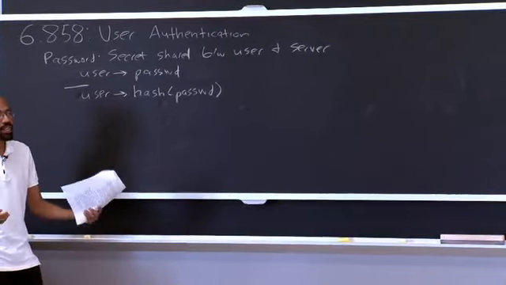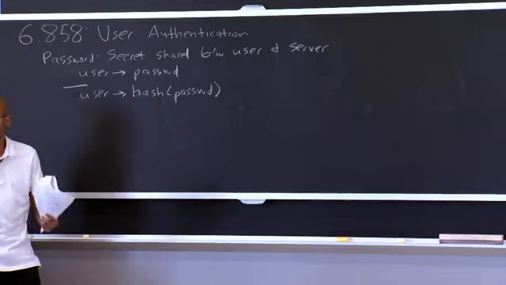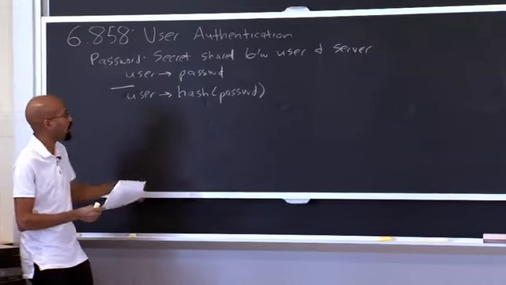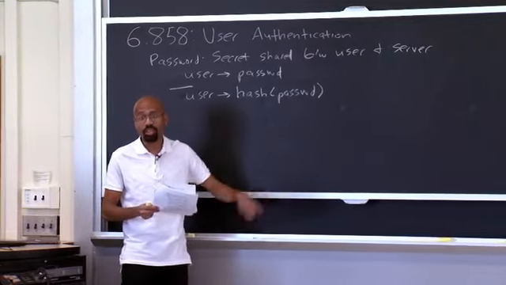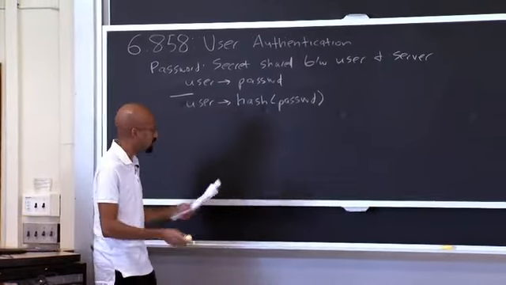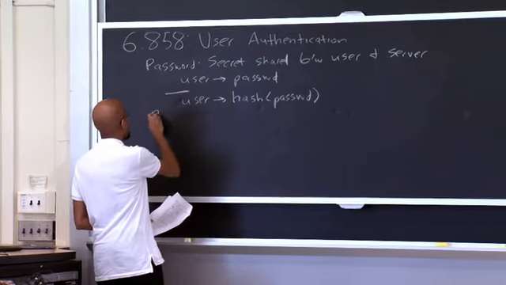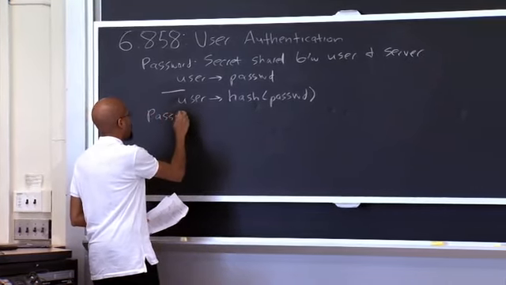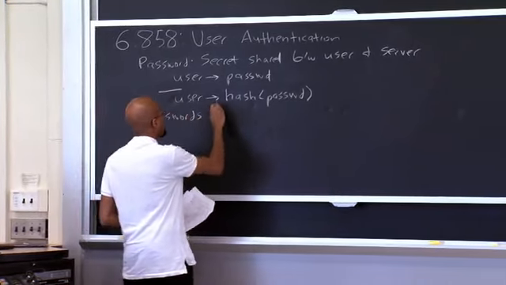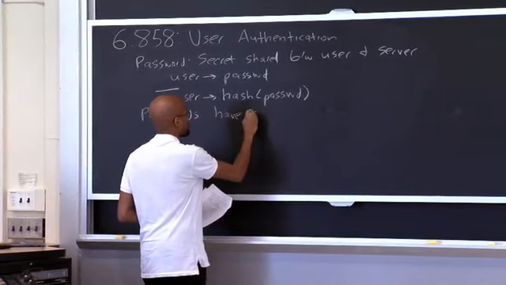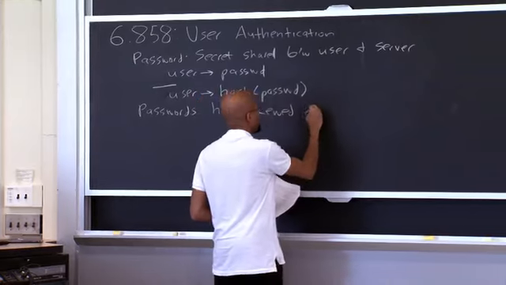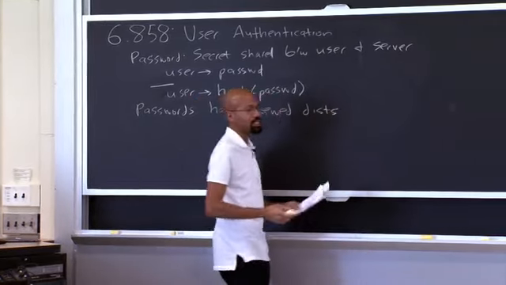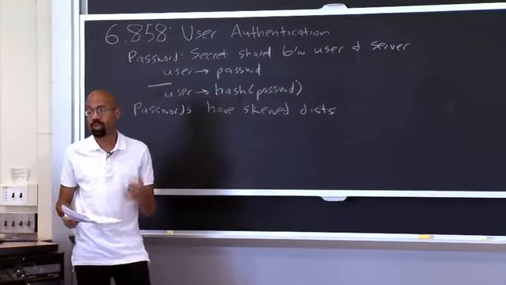Now, in practice, attackers don't actually have to launch brute force attacks to figure out what the preimages for these hash values are. Attackers can take advantage of the fact that passwords, in practice, have skewed distributions. By skewed distributions, I mean that, let's say we knew that all passwords were 20 characters long.